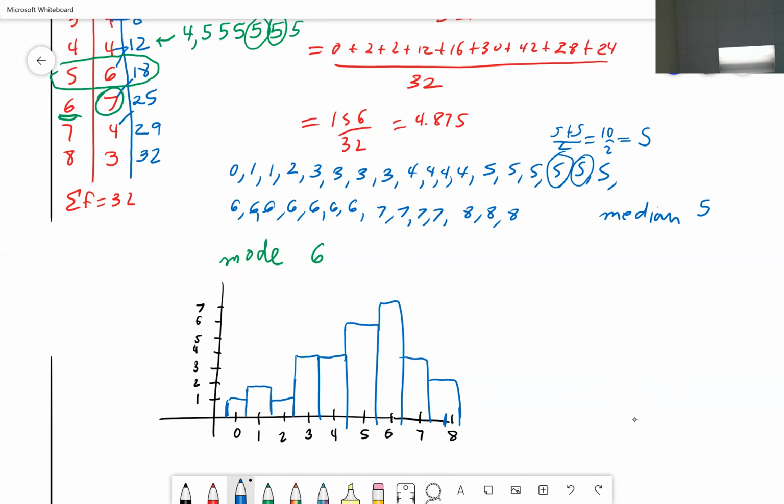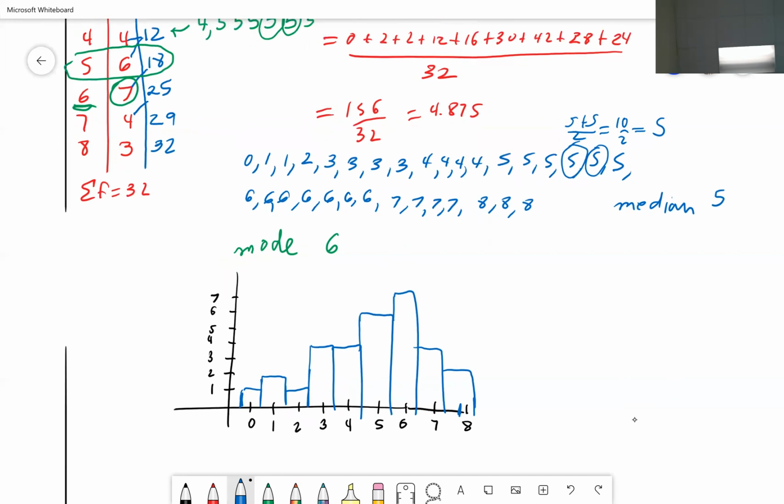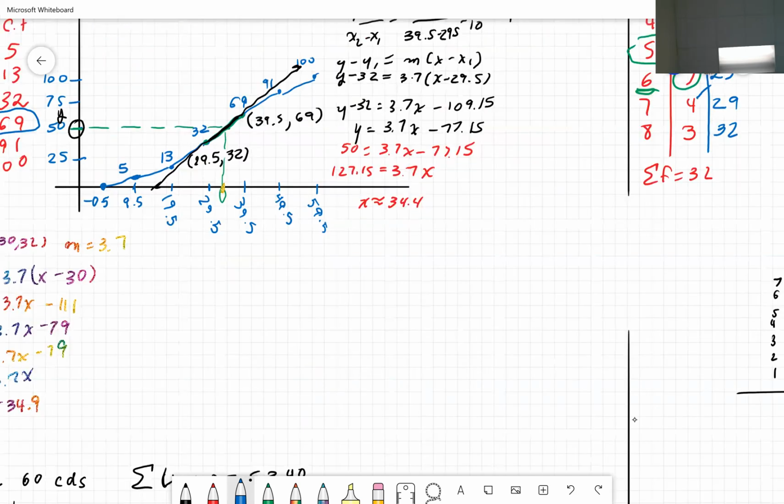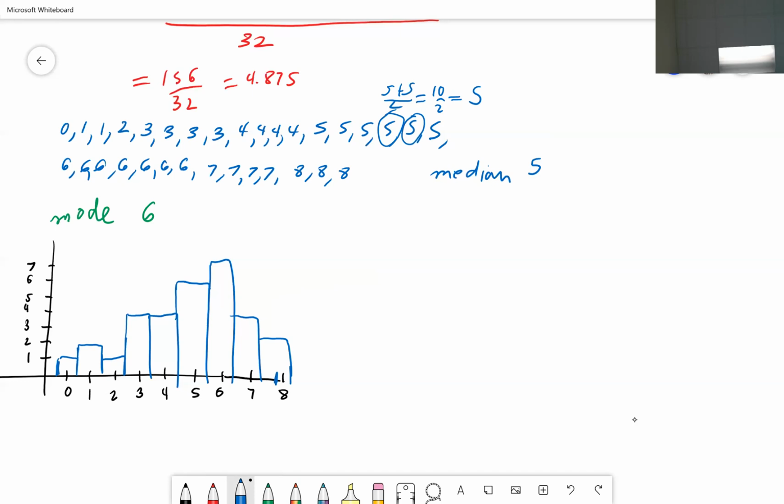So what type of distribution, what type of shape does this distribution have? Well, let's talk about a few shapes that you could have, and then you could tell me which one it is. So we have a left skew where the tail is on the left.